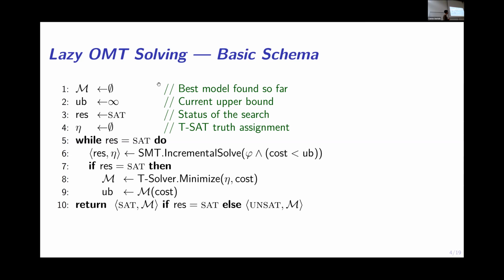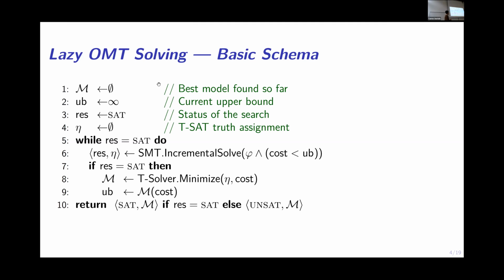Initially we have the upper bound, which is the value of cost in the best model we have found so far, initialized to infinity. We ask the SMT solver if this formula is satisfiable.